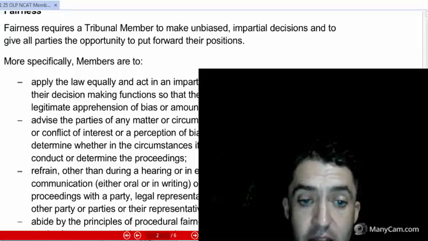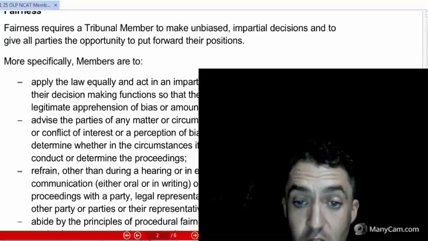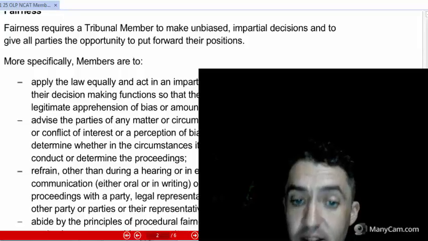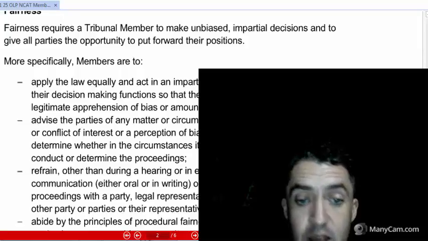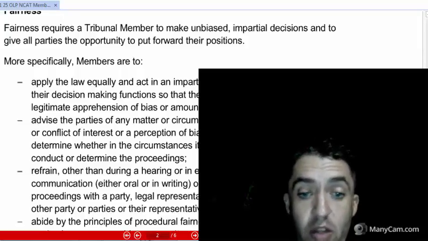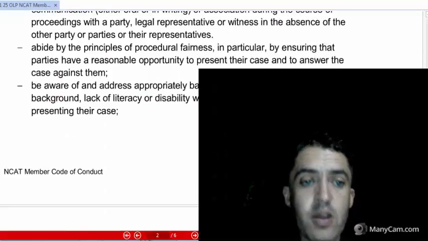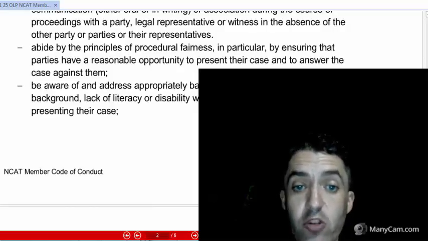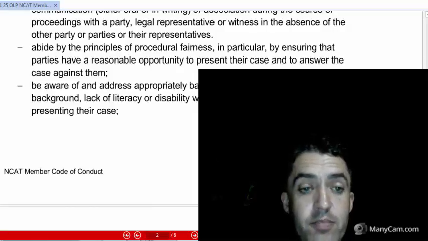Refrain, other than at a hearing or in exceptional circumstances, from any communication, either oral or in writing, or association during the course of proceedings with a party, legal representative, or witness, in the absence of the other party or parties or their representatives. Abide by the principles of procedural fairness, in particular by ensuring that parties have a reasonable opportunity to present their case and to answer the case against them.